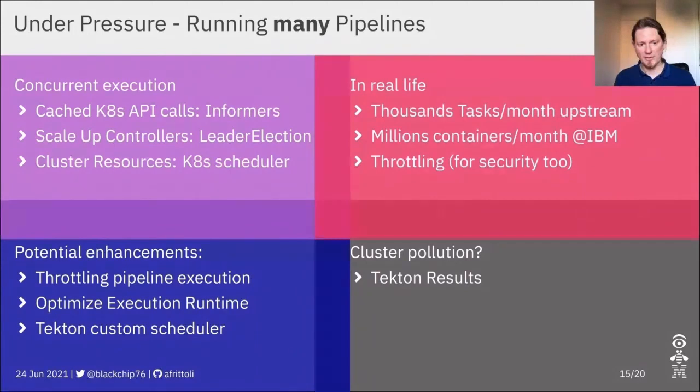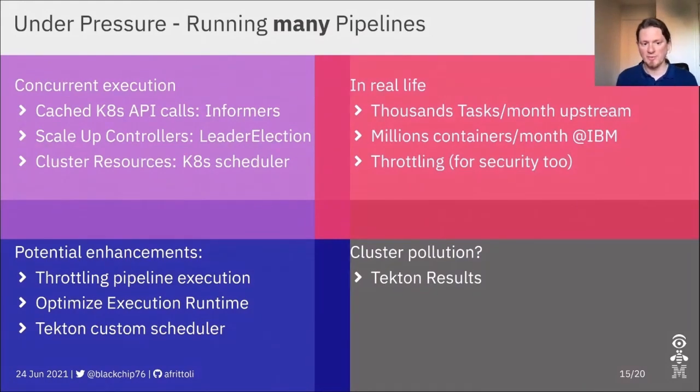Also, it is possible to optimize the execution runtime, so the way that tasks are mapped into pods. If we make that optimal, we can reduce the amount of resources used by the cluster, and then scale better when we have very large pipelines or many pipelines running in parallel.